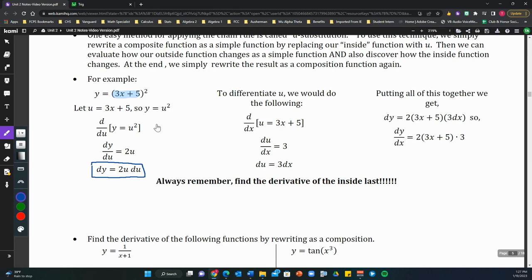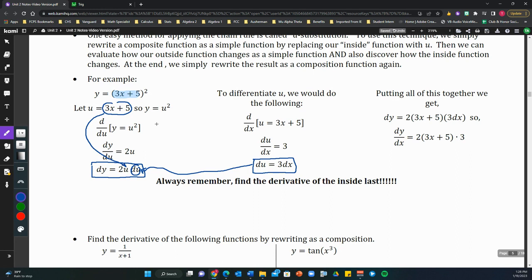Well, if I take this piece of information and bring it on over here and replace that du with what I know du is now equal to, and I go back and take what I know u to be equal to and replace it in this equation, now I can go back and write the final form.